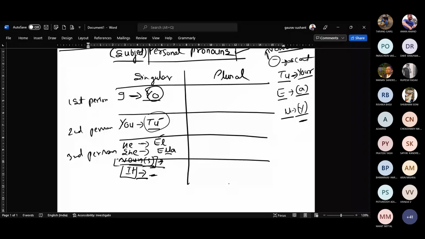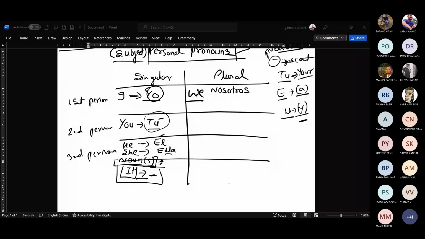First person plural. So first person plural, the pronoun is we, and the word in Spanish is nosotros, isn't it? So this is nosotros.